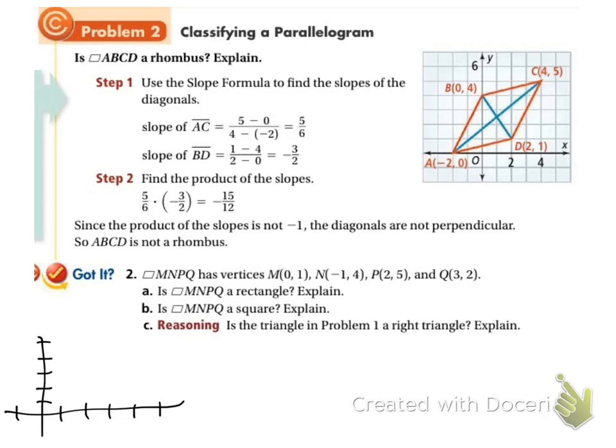So, we've got the point 0, 1. That's our M. We've got our point N, which is negative 1, 4. And we got the point 2, 5.